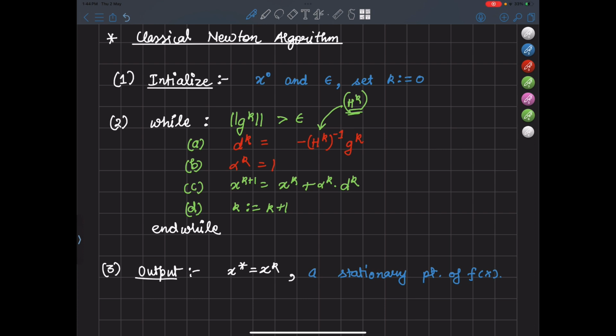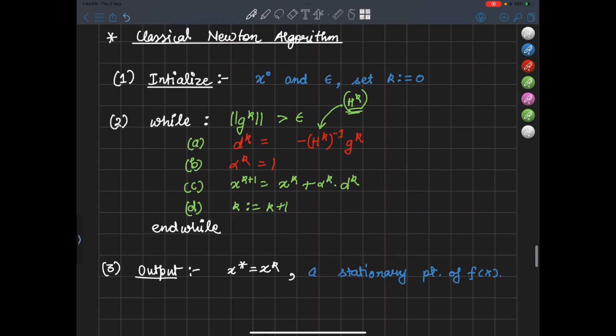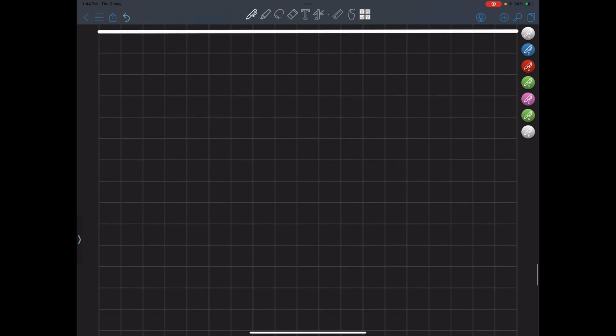Now we'll look at some examples which will help us appreciate the power of Newton's algorithm. So let's look at them. Example 1: minimize f of x defined as 4x1 square plus x2 square minus 2x1 x2. This is a quadratic function.